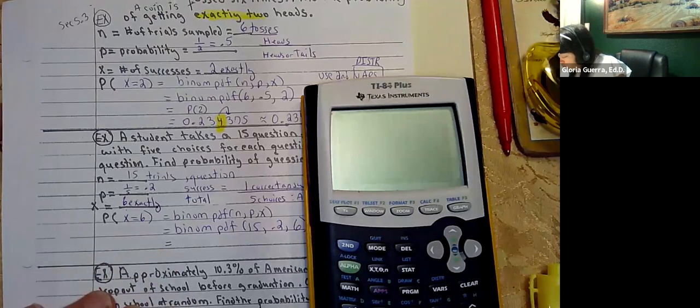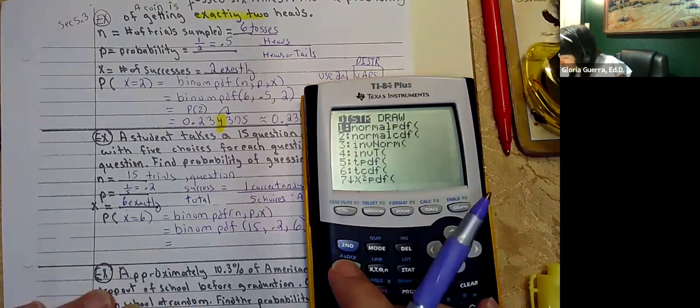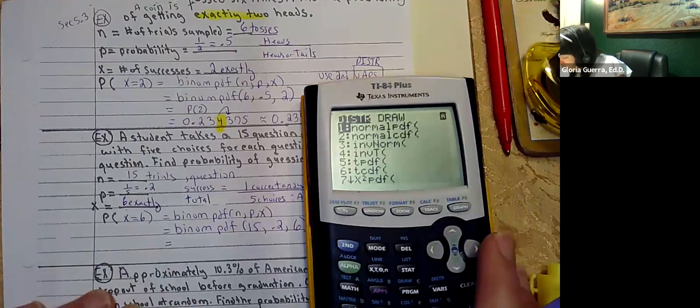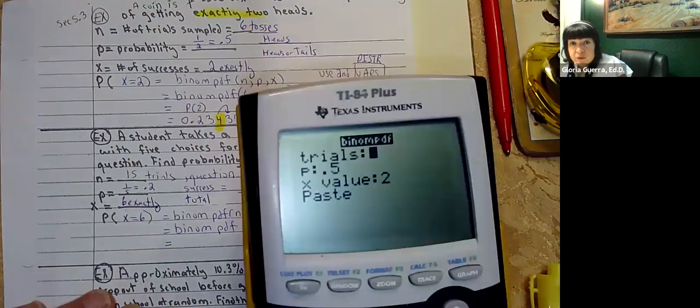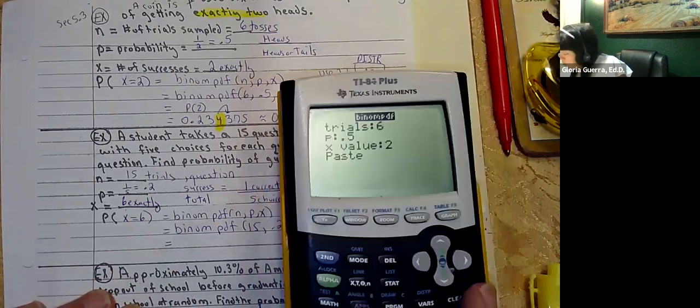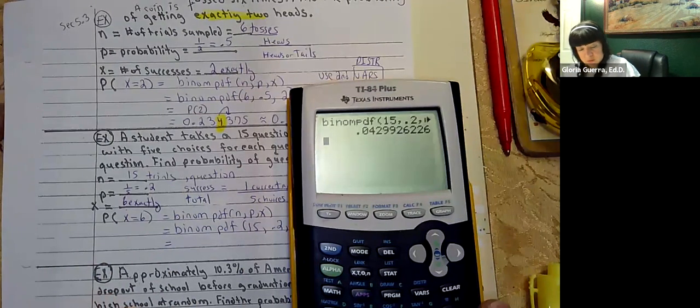So it's just second vars, alpha, and you want the math, option A. Just double check that. Binomial PDF, trials here are 15, probability is 0.2, and then X value is exactly 6. Get that.